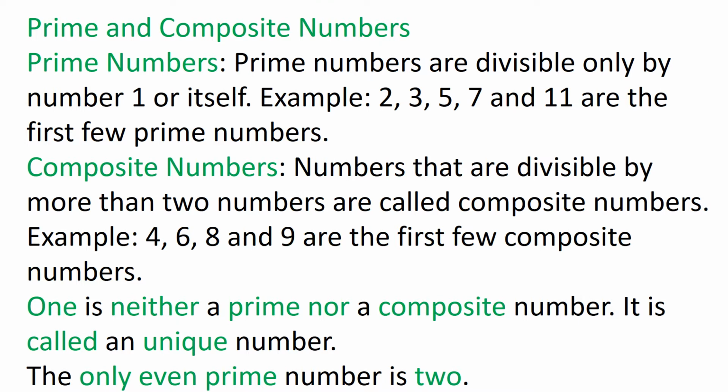4 comes in the table of 1, 2 and 4. In the same way, 8 comes in the table of 1, 2, 4 and 8. Okay, now 1 is neither a prime nor a composite number. It is called a unique or a special number. The only even prime number is 2.